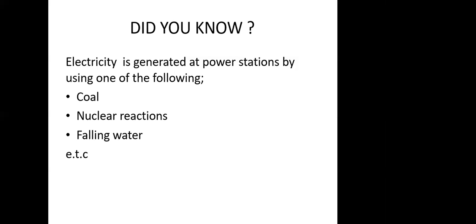How is that electrical energy distributed? That is our question now. How do you think this electrical energy is distributed? Someone who can share with us. How do you think this electrical energy is generated?